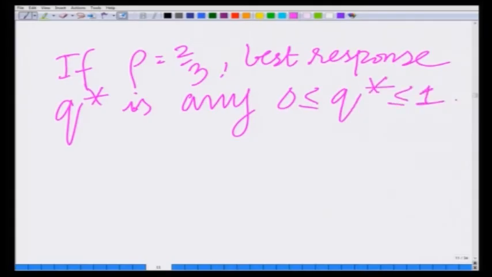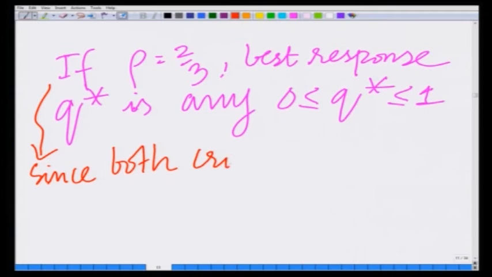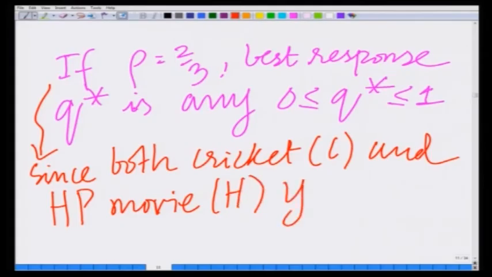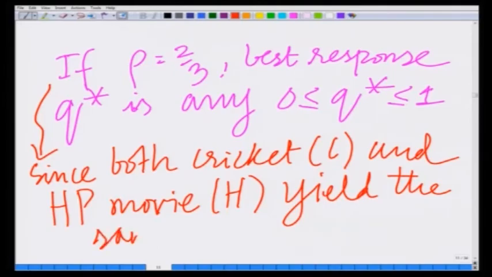That is, any probability q star which lies between 0 and 1 is a best response, since both cricket, that is C, and the Harry Potter movie, H, yield the same payoff.